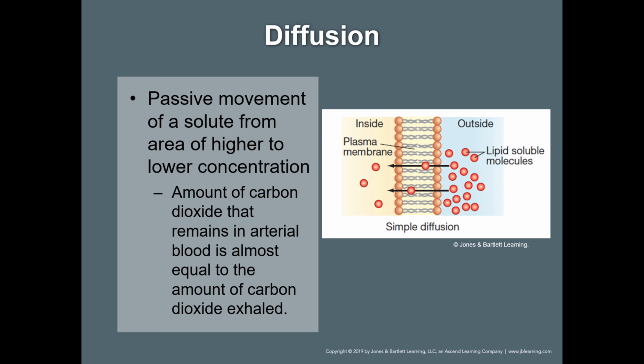It comes into the cell because it's moving from a higher concentration to a lower concentration, so that oxygen is spreading out into the cell. And the same for CO2. CO2 is going to move into the alveoli because it's moving from a higher concentration to a lower concentration. Okay, it needs to be able to spread out.